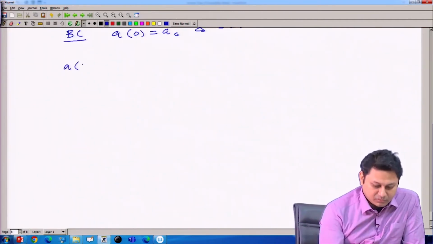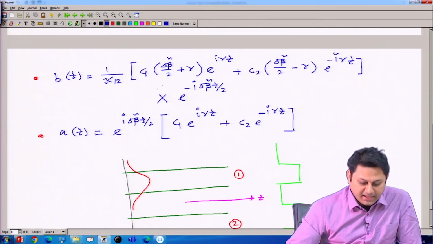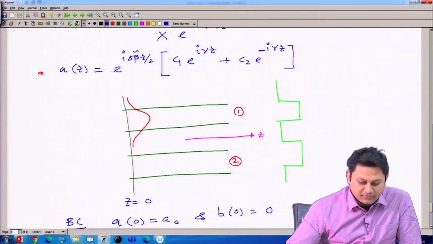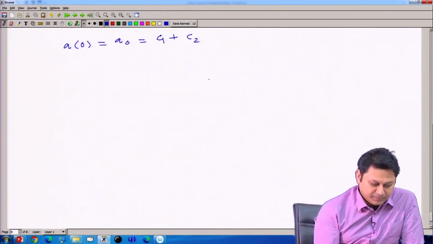So, A0 should be equal to C1 plus C2, because if you look carefully, if I put z equal to 0, it should be C1 plus C2, and the exponential is 1. So, simply C1 plus C2 is A0.